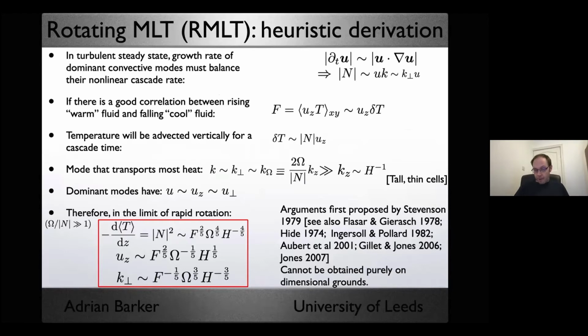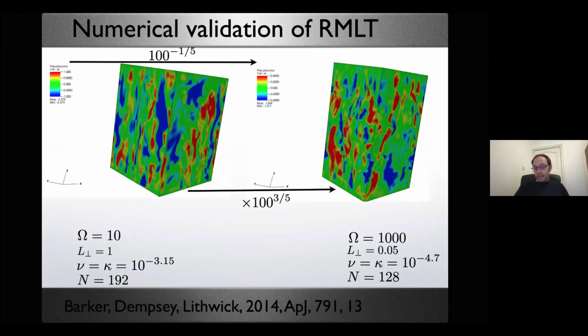And so if the theory is correct, you'd expect the colors to be similar in both of them once you make this rescaling of the color bar. And similarly, we can rescale the structures on the right and multiply them by a factor of 100 to the 3/5. And you should see that the convective structures look very similar in scale in the horizontal to those in the left panel. So the box size is strictly not an exact multiple of this, but you can see that the structures that have been multiplied by this factor have a similar scale as they do in the left panel.